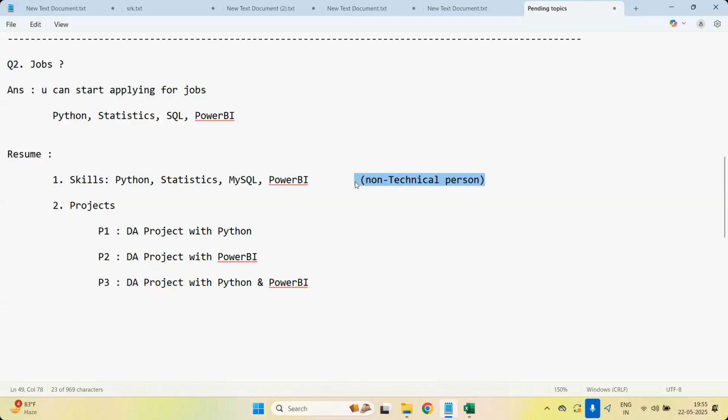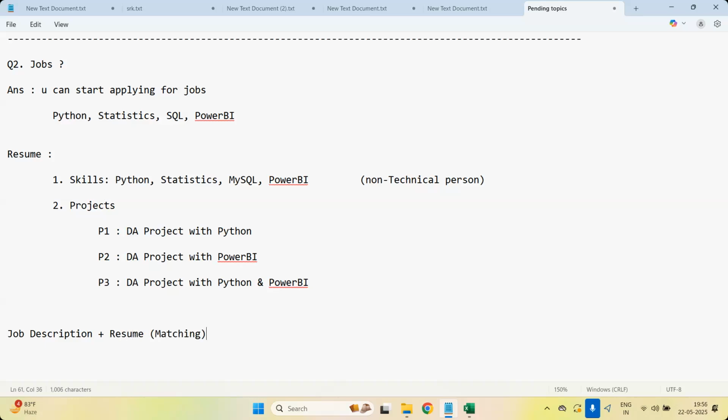Just by seeing what was mentioned in the job description, they will do only one small thing. Whatever was mentioned in the job description and what was mentioned in your resume, they'll see both of them. In that, how many of them are matching? That's it.